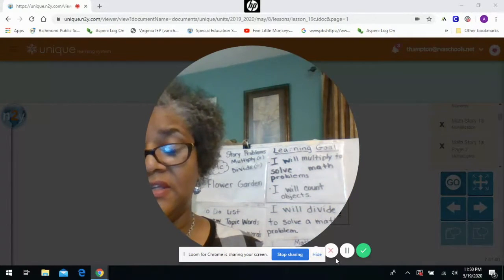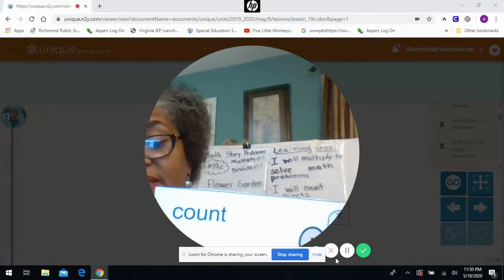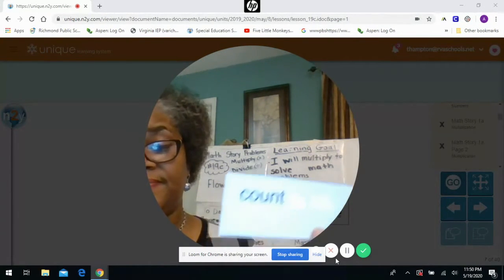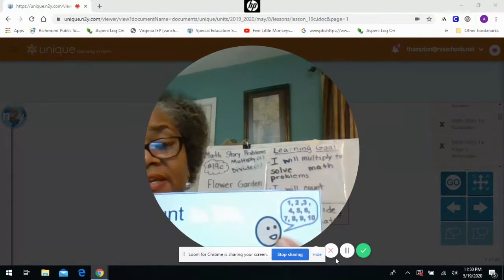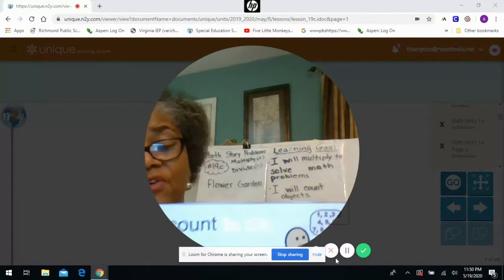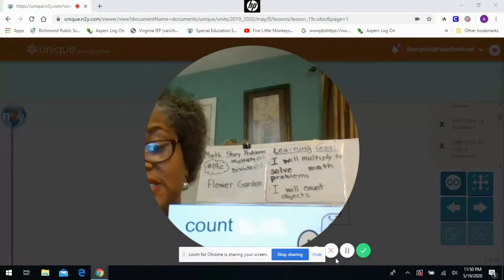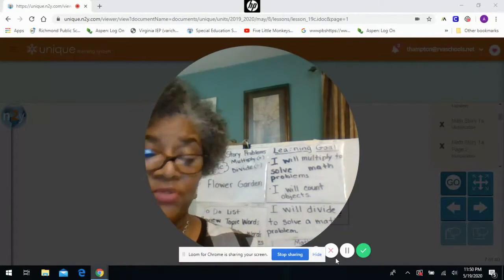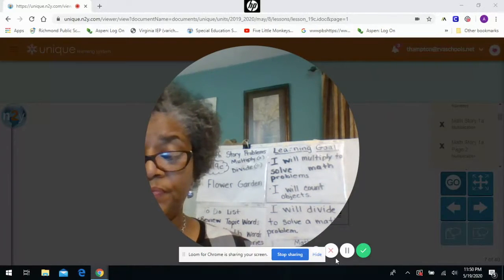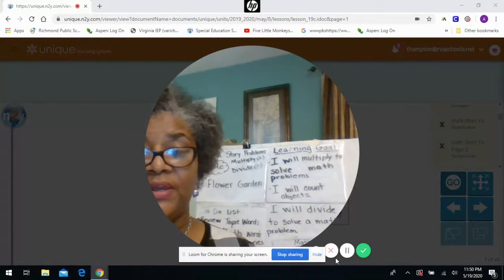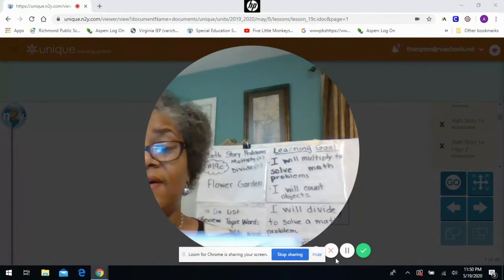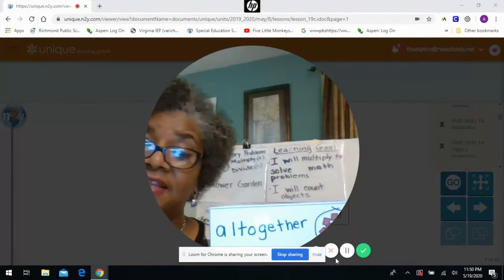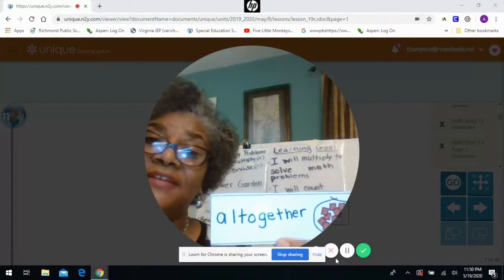Good. The next word is count. Count is to say or name the numbers consecutively. 1, 2, 3, 4. That's counting. Then the next word is altogether, meaning all of it, all together.